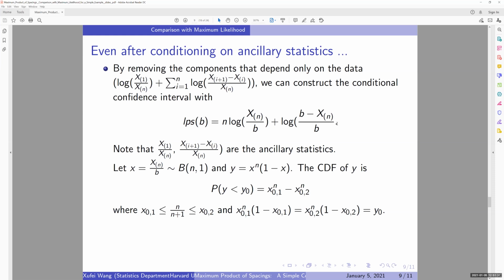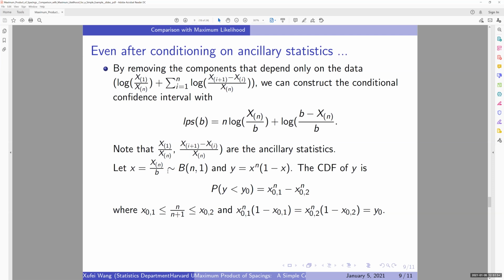Sorry, I need some brackets. With this function, even though its distribution might not be exactly the Dirichlet distribution, we can still use it to construct the confidence interval, because we know that the maximum xn divided by b should follow a beta distribution with parameters n and 1.